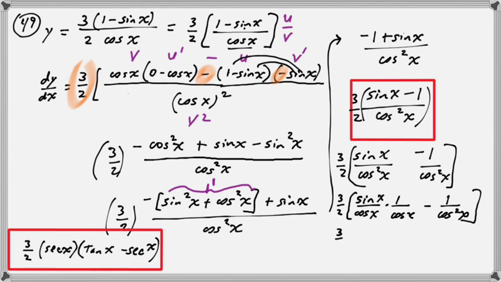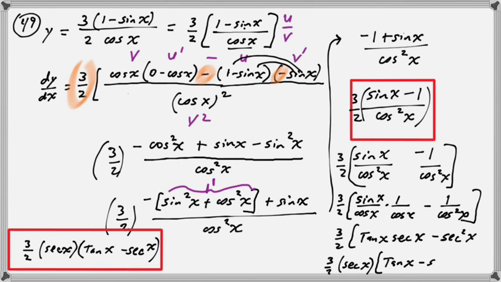So what is sine over cosine? I believe it's tangent, right? 1 over cosine is what? Secant. So 1 over cosine squared would be secant squared. If I factored out a secant, what would remain if I took these secants away?